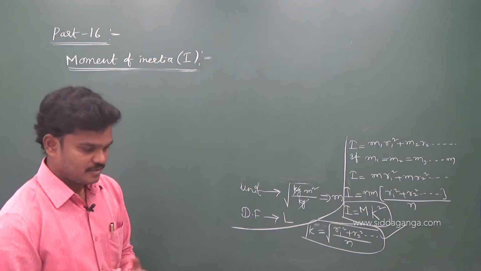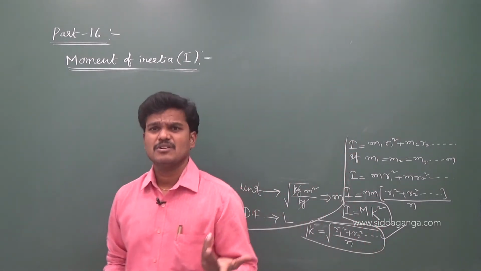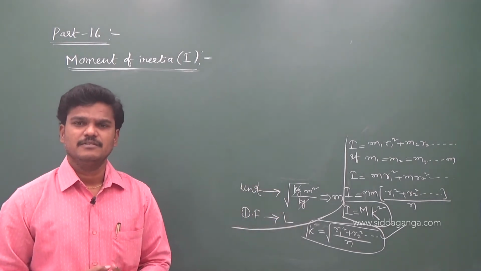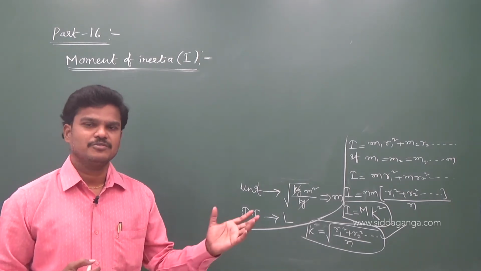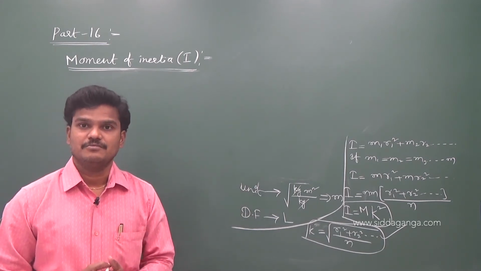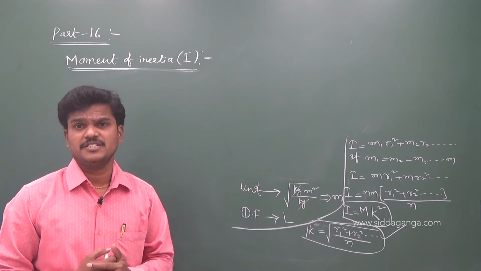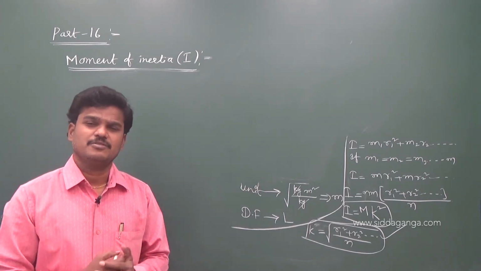Keep in mind, it depends on the axis of rotation, and of course it depends on temperature also. If temperature changes, we will get different answers. Based on the situation, I am going to link moment of inertia with temperature also. If temperature increases, moment of inertia increases, and radius of gyration also changes, because moment of inertia and radius of gyration are almost proportional to each other.